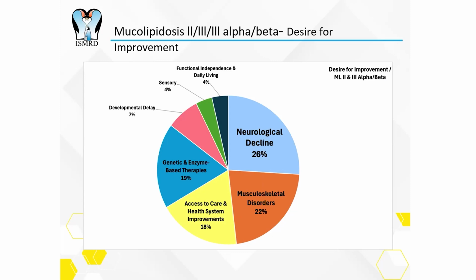I have Washington University, and they've been fantastic, but not everybody has an institution right in their backyard like that. I think it's been really hard for many, many patients and their caregivers to find adequate care. And also, a lot of them go undiagnosed for way too long too. So that's a big one. And then, of course, genetic and enzyme-based therapies, that's on there too. And we are beginning to see something happen in that world now, as Patty just spoke about and what I spoke about earlier.